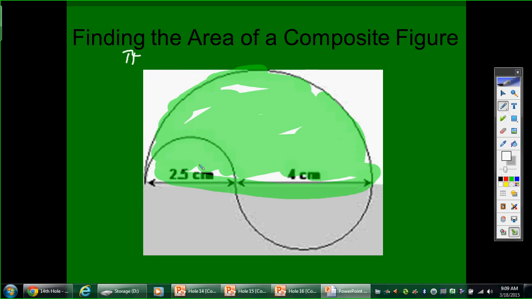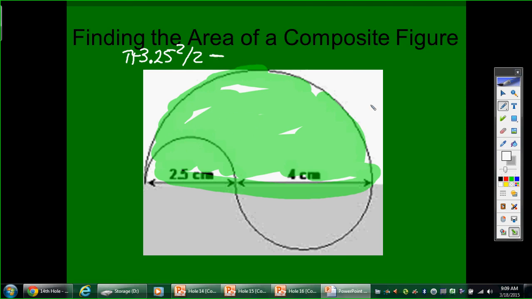So my diameter is 6.5, so my radius would be 3.25, half of the diameter, squared. And that would give me an entire circle, pi times 3.25 squared, but it's only half of a circle, so I need to divide by 2. That would give me the area that I've shaded in green.